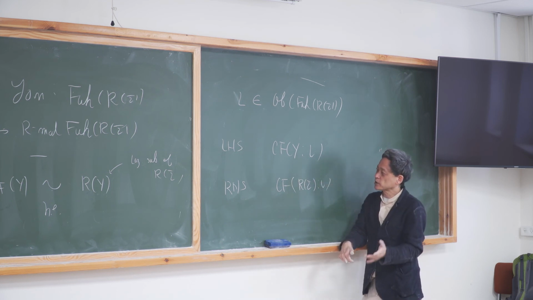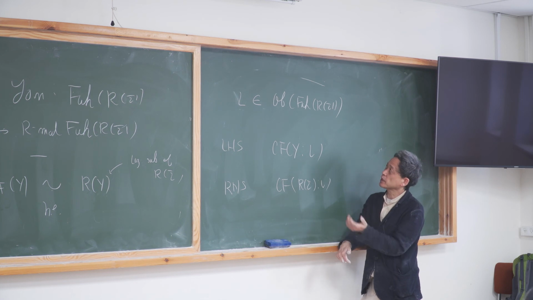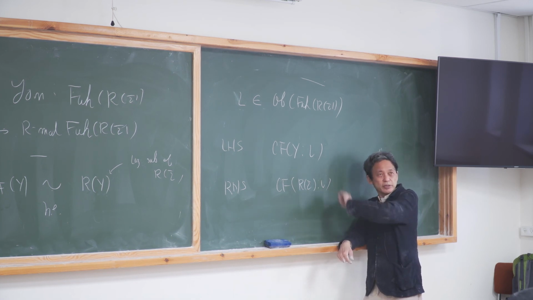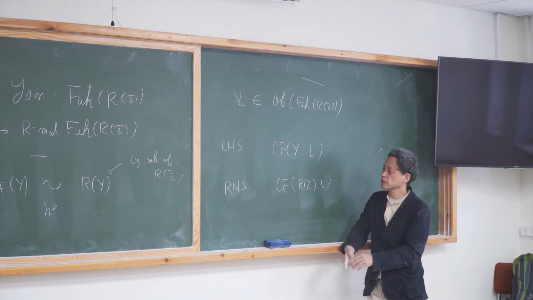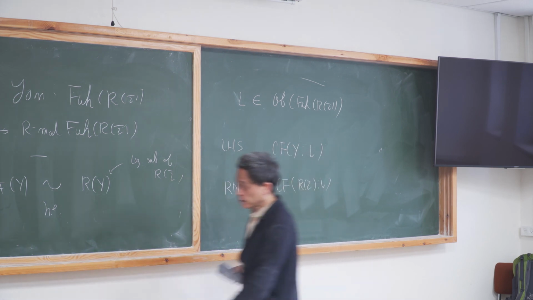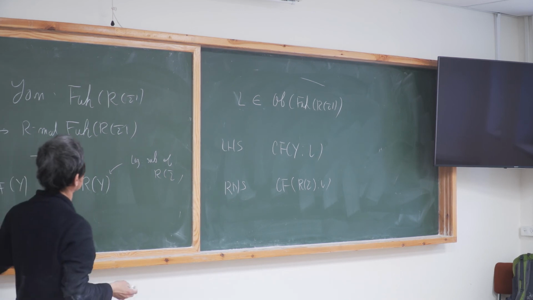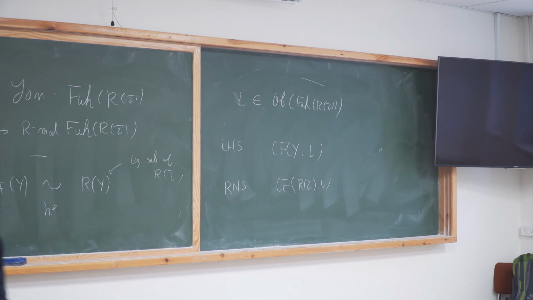But actually not only that, because this is a right module, if you change L, you have this structure map of right actions. So you have to make it compatible with the right actions. But then we can just explicitly write the formulas as follows. The formula, so that's the end of my talk. The formula is the following.